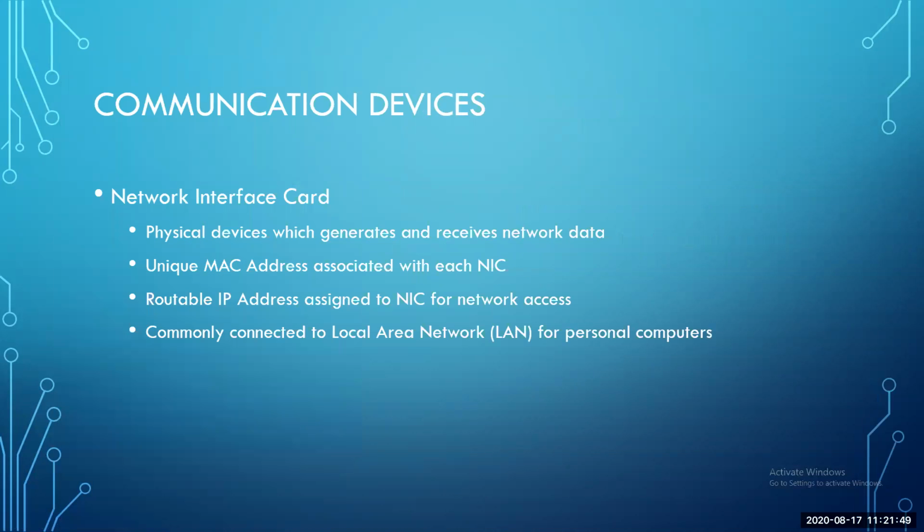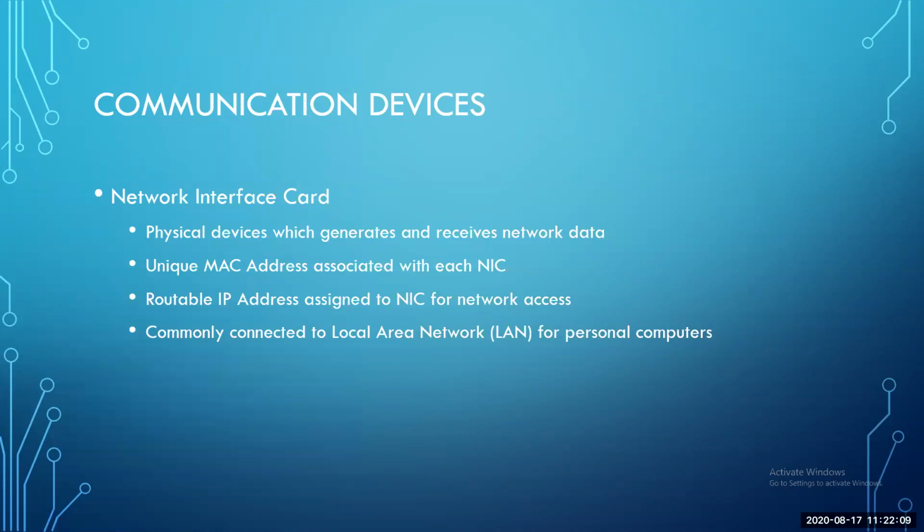Then we have our communication devices. So our network interface cards, which are your Wi-Fi adapters or your Ethernet adapters. If your laptop has both, it has Ethernet and Wi-Fi, that means you have two network interface cards and two IP addresses, two MAC addresses.